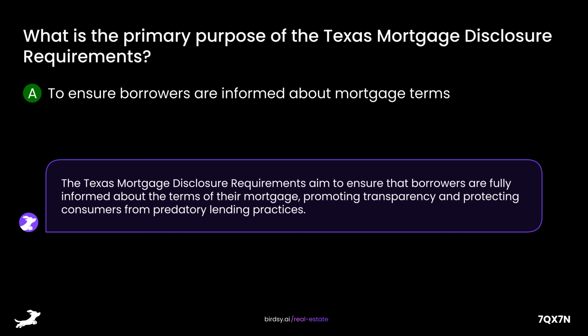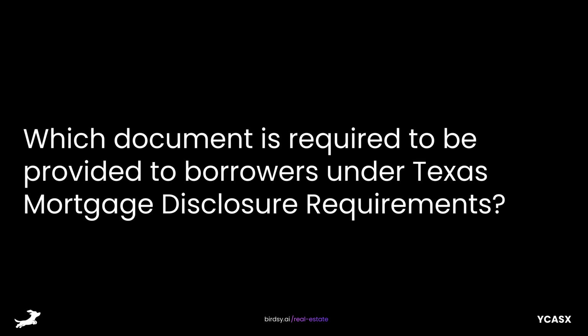The Texas mortgage disclosure requirements aim to ensure that borrowers are fully informed about the terms of their mortgage, promoting transparency and protecting consumers from predatory lending practices. Which document is required to be provided to borrowers under Texas mortgage disclosure requirements?